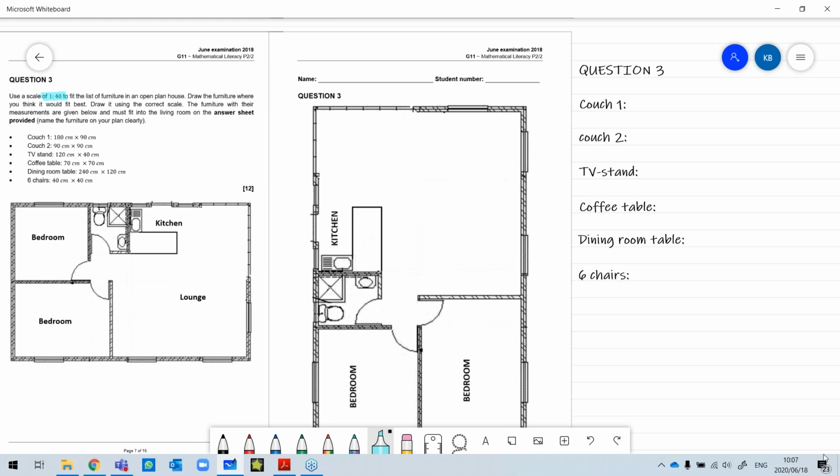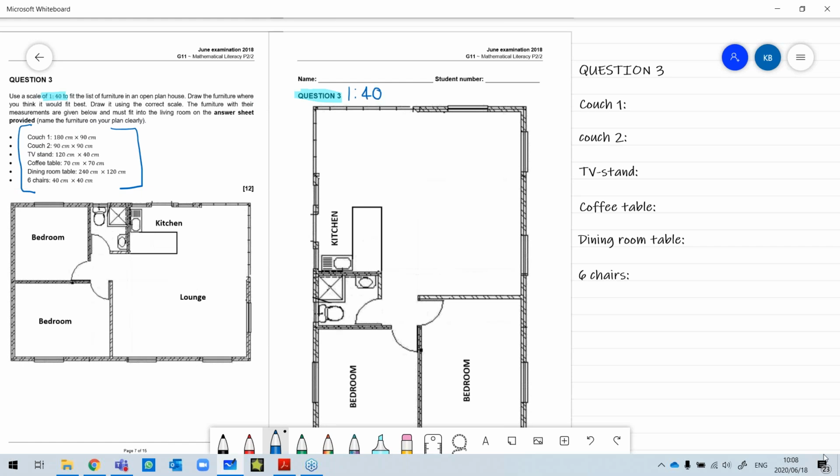So have a look here. Let's just grab a pen. Sorry. The information here gives the real life dimensions of each piece of furniture. On your answer sheet, they sketched the floor plan of this open plan house according to the same scale of 1 to 40.